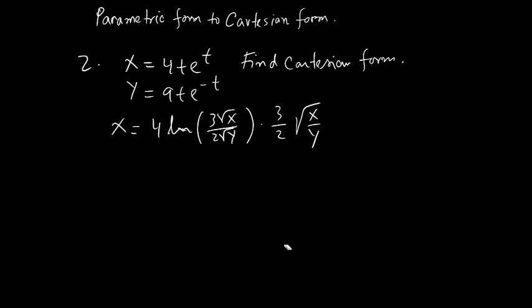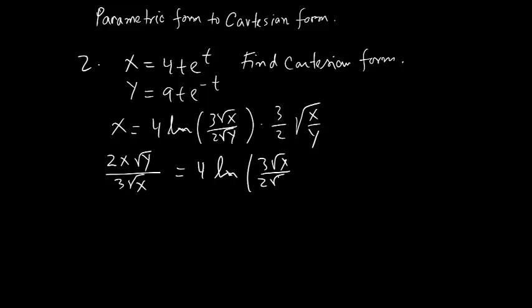So this one you can say is your Cartesian form. If you want to do further simplification, you can, not a problem. I take the reciprocal of this and move it to the other side. So I'm getting 2x square root of y over 3 square root of x, which is 4 natural log of 3 square root of x over 2 square root of y.